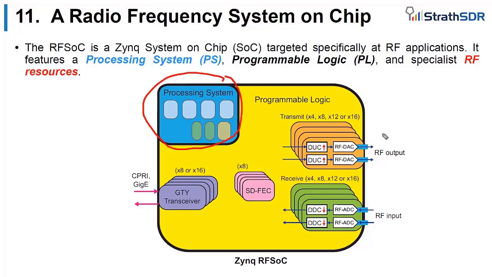We have our programmable logic, and we've got our up converters and down converters. We've got some forward error correctors. And if you think about it, we've got to get data on and off this device fast. So we have a number of different transceivers and GigE and CPRI for connecting radios. So that's a high-level signal processing SDR view of the RFSoC.